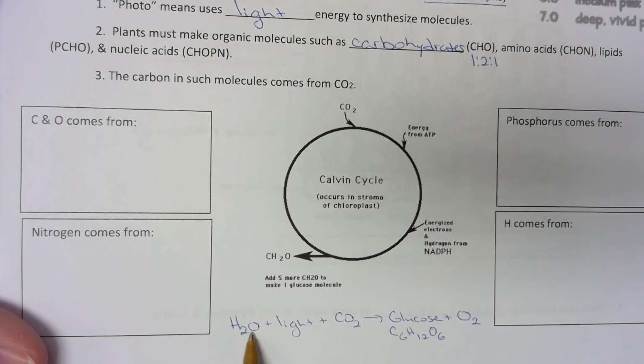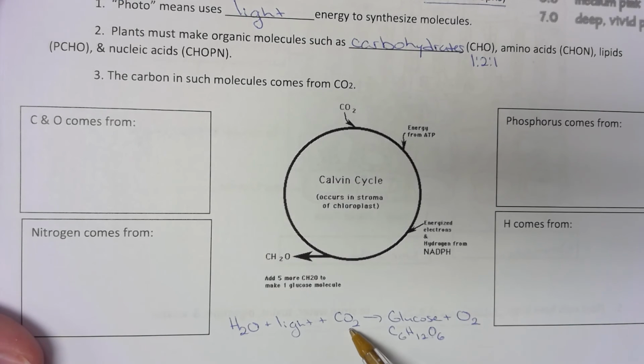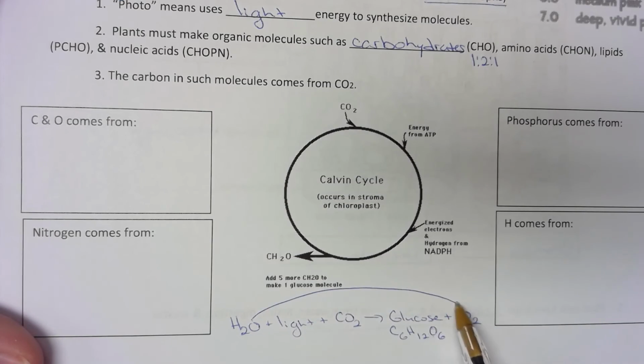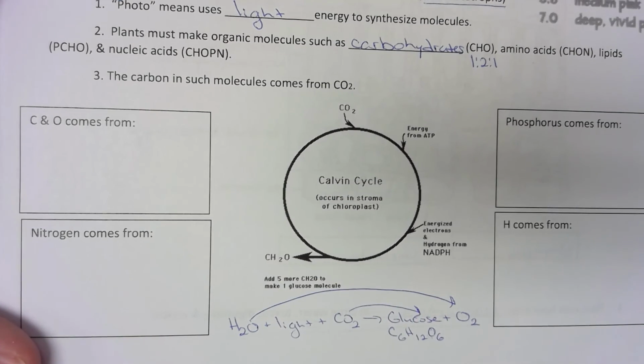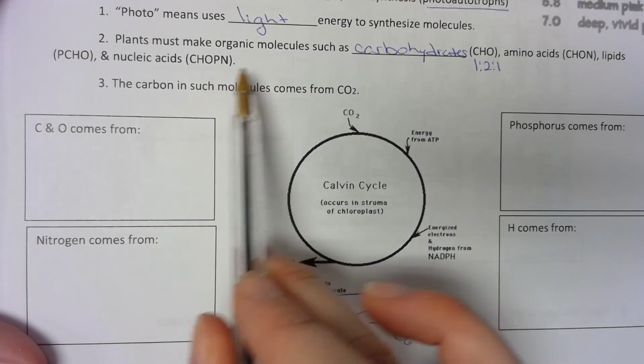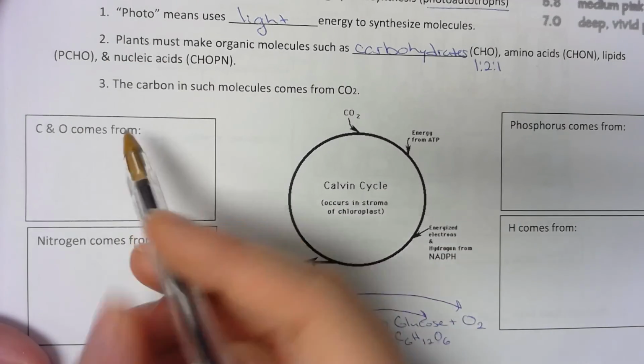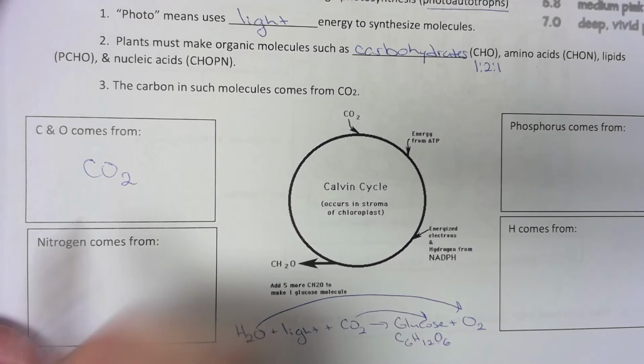If you remember the basic equation, in our last unit we focused a lot on where the oxygen released for organisms came from, and you could see in the chloroplast that it came from splitting water. But there is other oxygen in this equation, and that's going to come from the CO2. When it talks about the carbon in these molecules, that's going to come from CO2 as well.